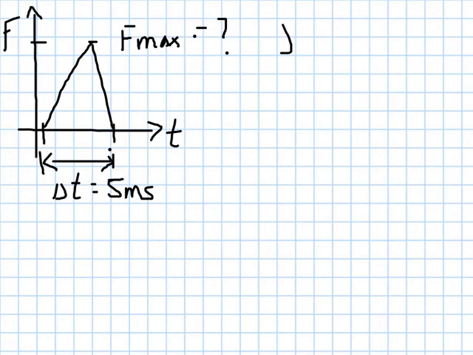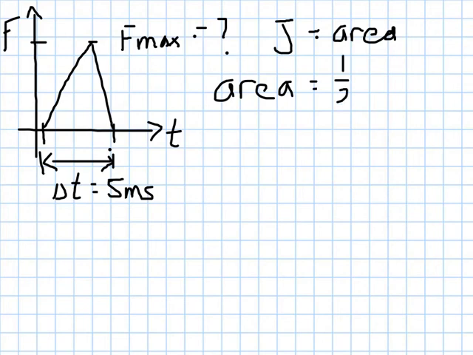So once again, we are going to use this definition of impulse, that it's the area under the force versus time curve. So what's the area of a triangle? Well, we usually write it as 1/2 base times height.